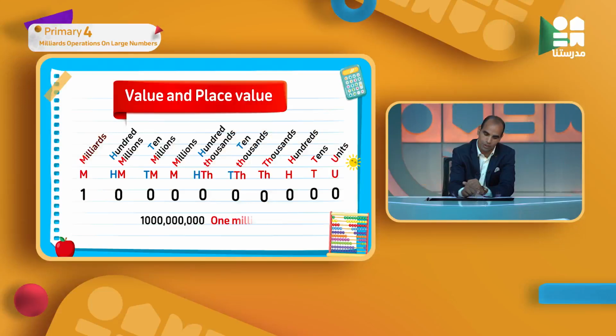So when we speak about value and place value, remember the difference between value and place value, as we studied before in the first part and in the previous years. احنا اتكلمنا قبل كده عن ال value and place value وقلنا الفرق بين ال value و place value. And the value depends on the place value of the digit. ان ال value بتعتمد على ال place value for any digit لأي digit في النمبر. So this is 1 milliard.